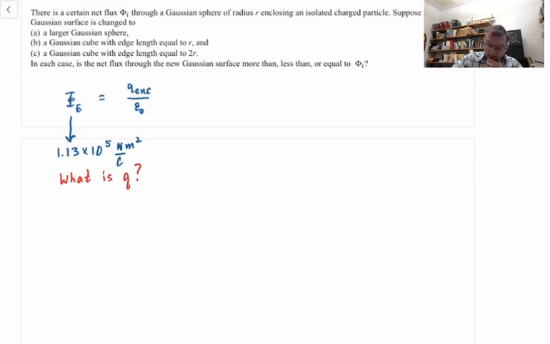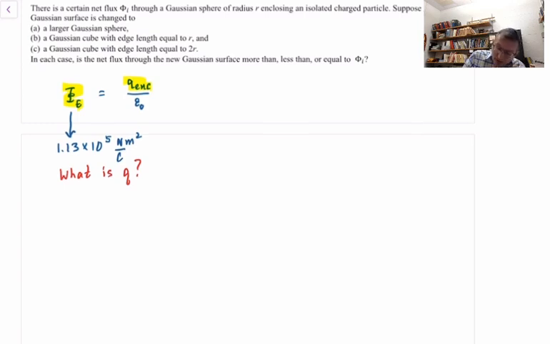The answer is that the Q that's inside is the Q enclosed, right? And the phi electric is a quantity I have a value for. So let's just take Gauss's law and solve it for Q enclosed. Q enclosed equals epsilon 0 times phi electric.